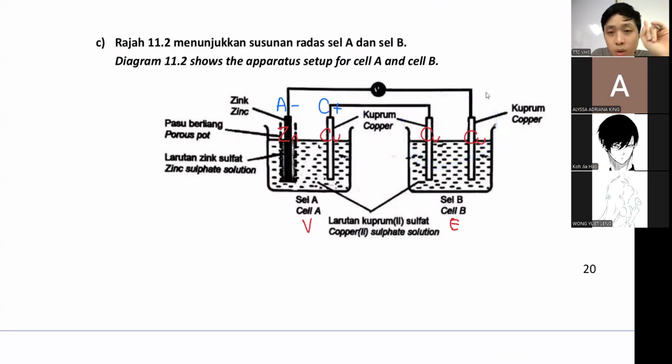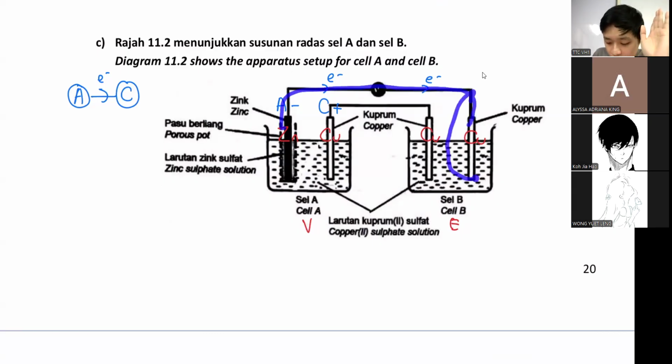But remember, there's one rule you have to know: electrons always flow from anode to cathode. So it means electrons go like this, from here come out until the right side of cell B. Then the right electrode of cell B is the cathode.